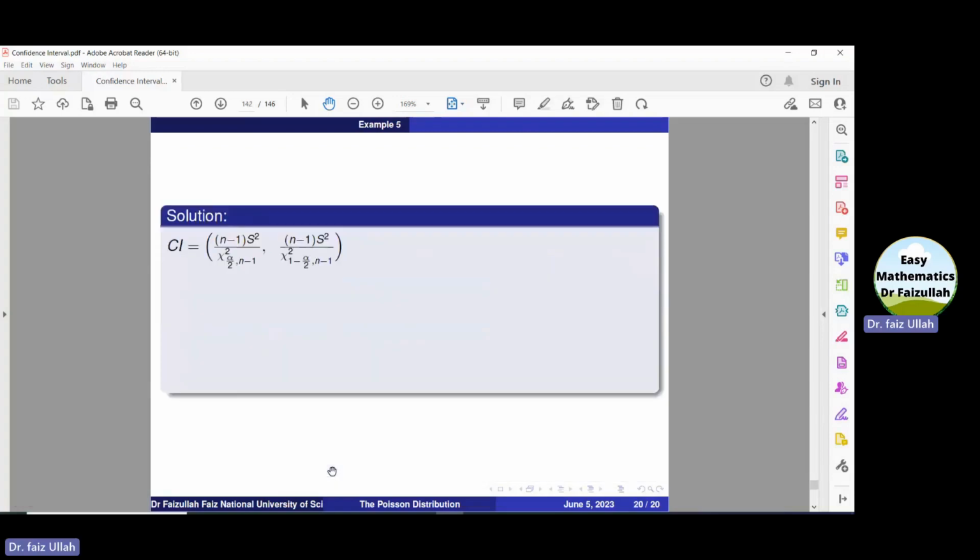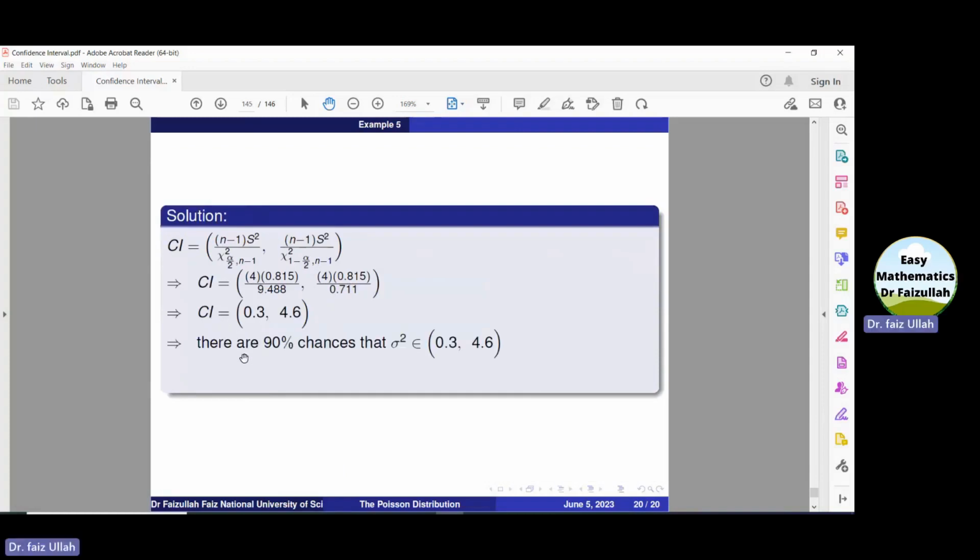Finally, we use our formula and substitute the values. After simplification, we get the confidence interval for sigma square. Hence, there is a 90% chance that sigma square is inside this interval. And the claim that sigma square is equal to 1, we can see it is inside our interval, so the claim is true.